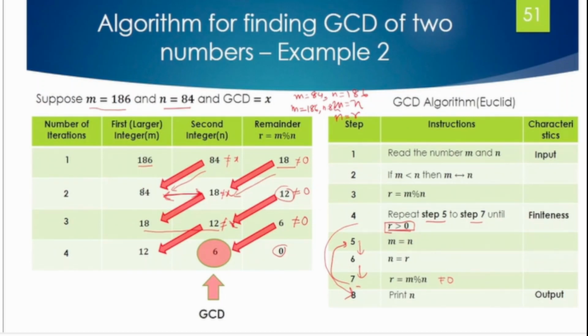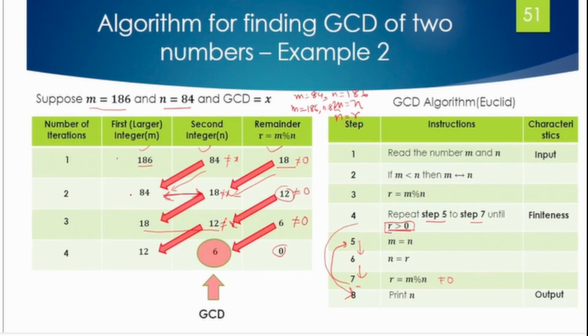First of all, if you notice the values of m, n and r, this is your m, and then n, then r. Every time in the next iteration, you are assigning the smaller value into m. That means it will be treated as the larger value in the next iteration.